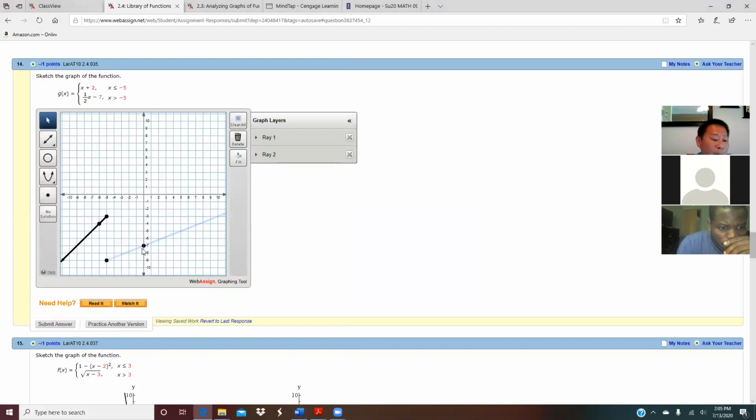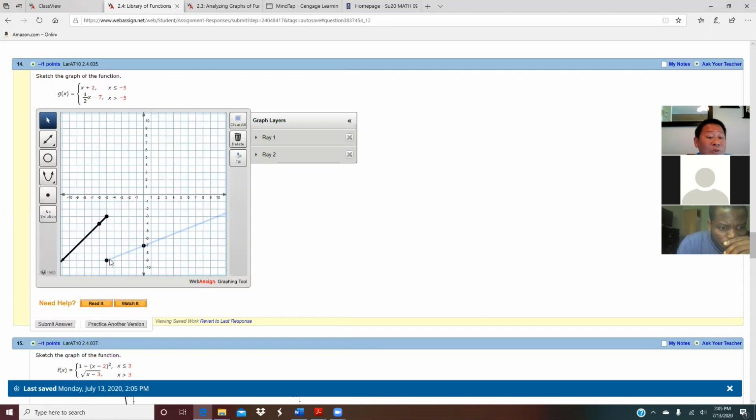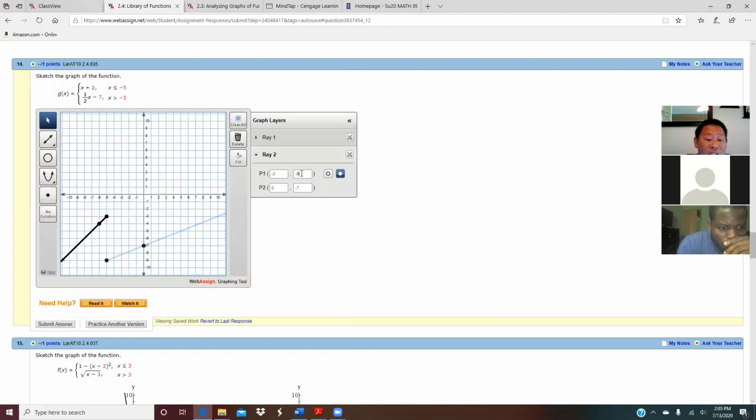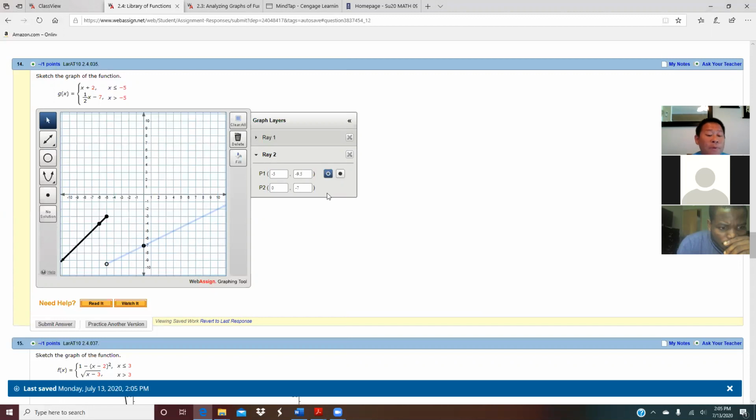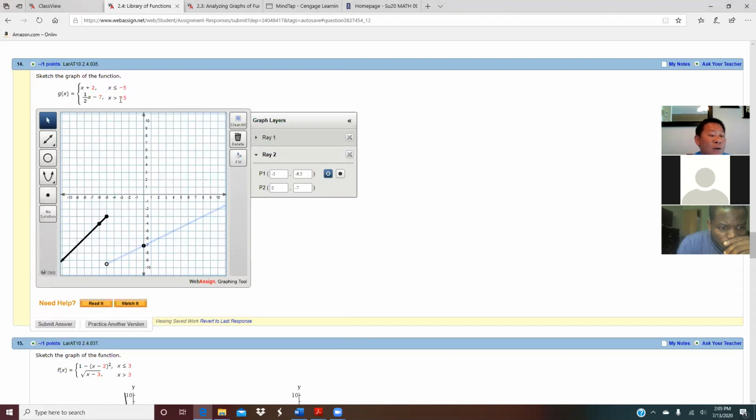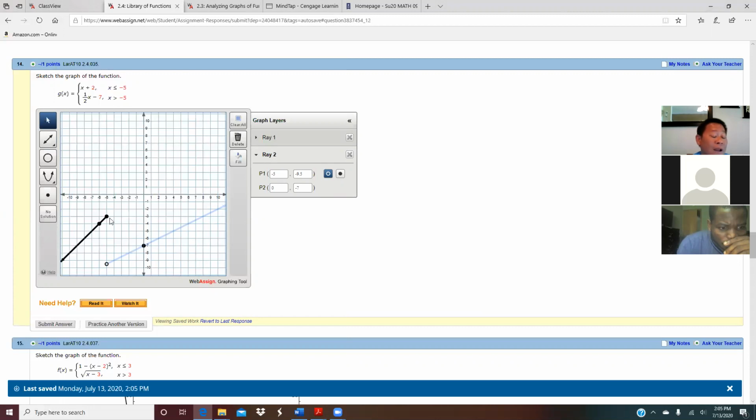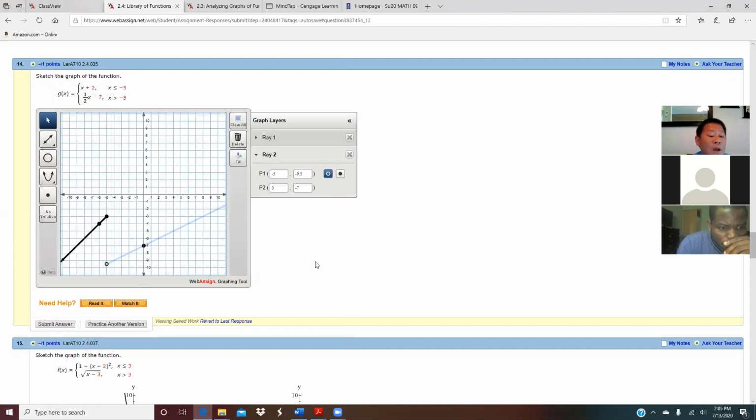Unfortunately, this 9 has to go to 9.5, so you go to ray 2 and change this 9 to 9.5. Also, you have to change it to an open circle, because x greater than -5 does not include -5. So this is how we do this question for this case.